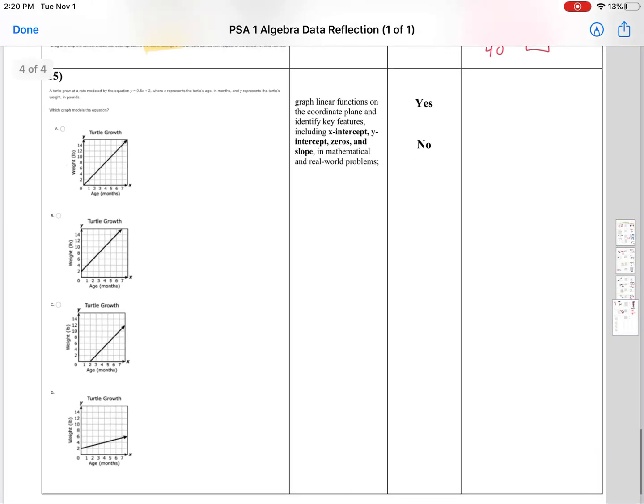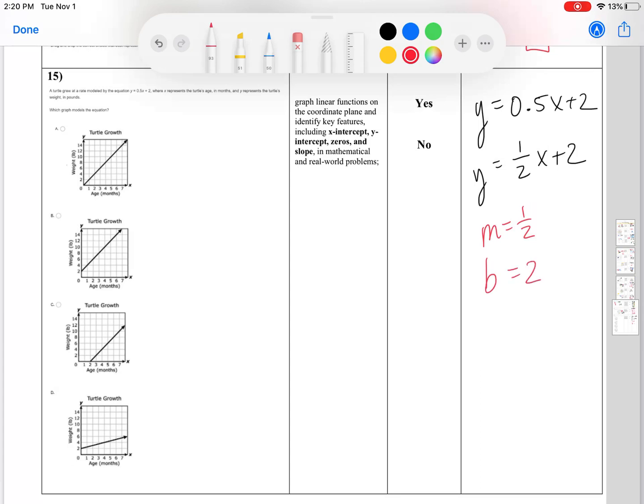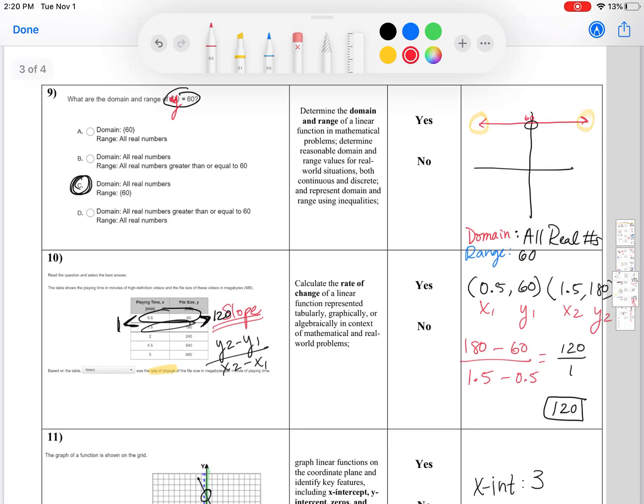Here we go. You could have just typed this one into Desmos as well to see the line. So it says, here's this equation of a line. I want to know what the graph looks like. Well, 0.5 is the same as 1/2. So what you know about a line is that the m is the number with the x, and the b is the number by itself in the back.